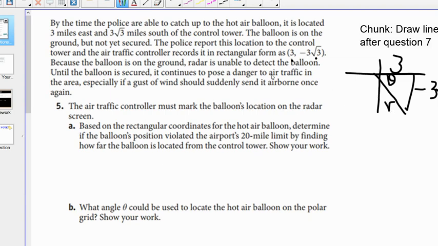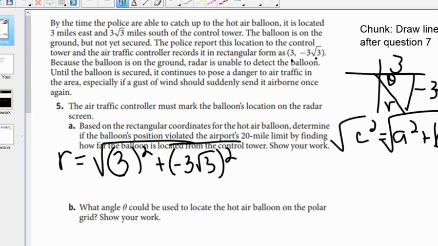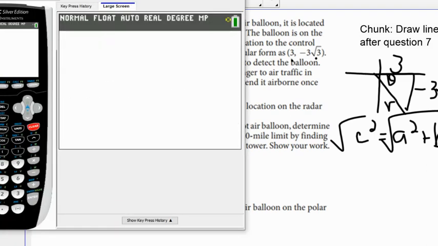To get the r value, aka the hypotenuse, we would take 3 squared plus negative square root 3 squared, and then find the square root of that, because think Pythagorean theorem: c squared equals a squared plus b squared, and then we'd have to take the square root. Be careful of how you're typing this in. We get our answer there of 6.